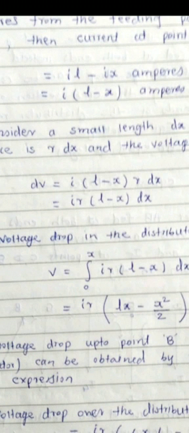Simplifying, it is i r in bracket L minus x dx.